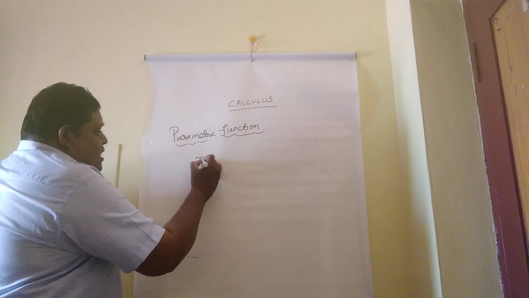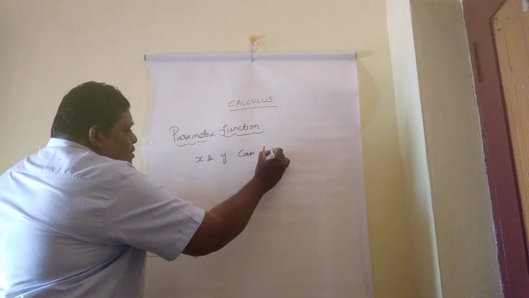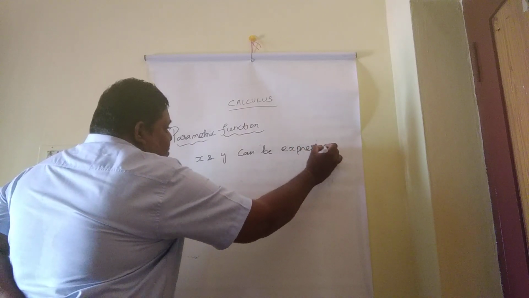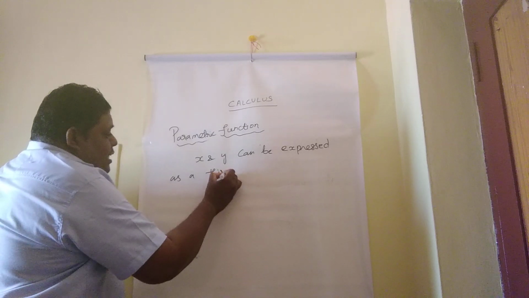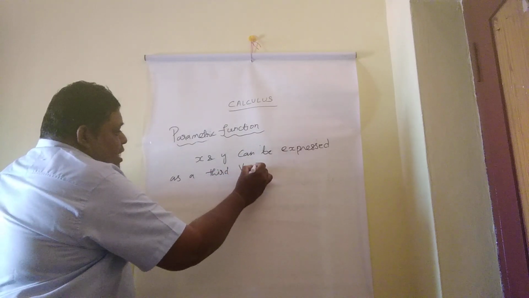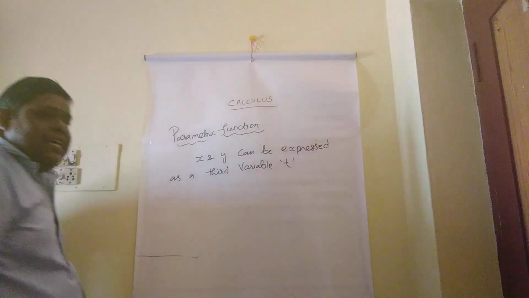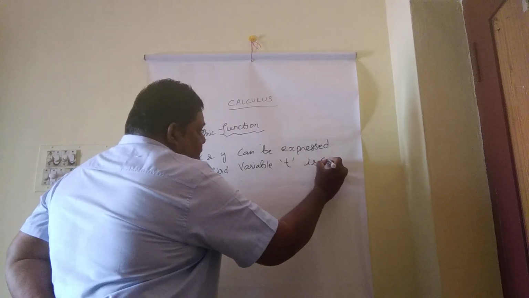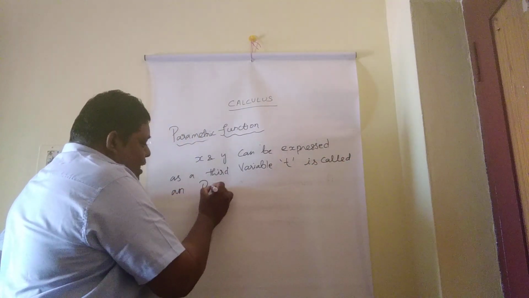That means if x and y can be expressed as a third variable t, it is called a parametric function.